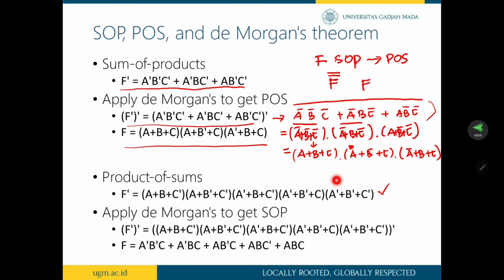If we have just F, we do the complement first and we do the complement again. So this is to convert from sum of product into product of sum form, or into sum of product form.